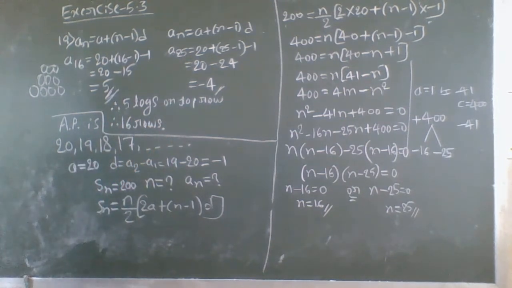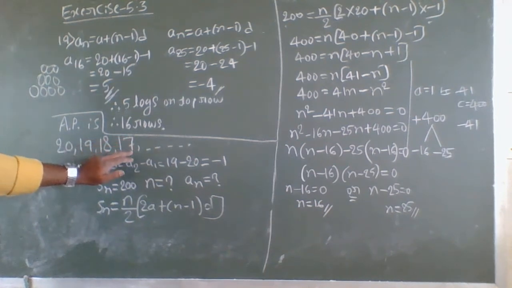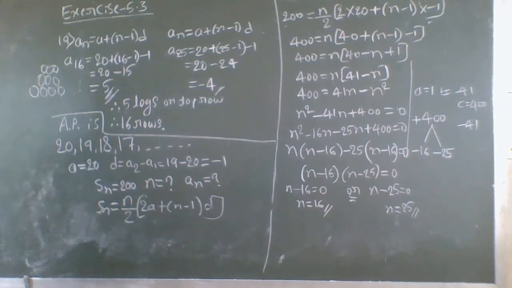Okay. So see here again. In first row there will be 20 logs. In next it is 19. In next 18. Like that 17. And there are totally 200 logs. So they are asking how many rows we should use to store these logs like this, and how many logs will be there in the top row.